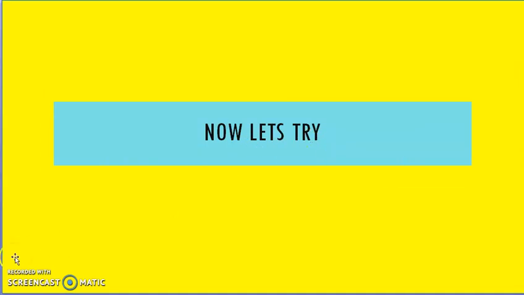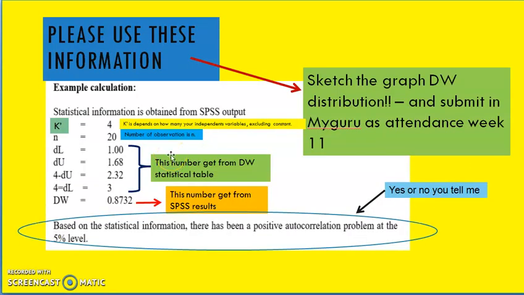Now let's try another example. I want you to sketch the Durbin-Watson graph and submit it in my group as attendance for week 11.